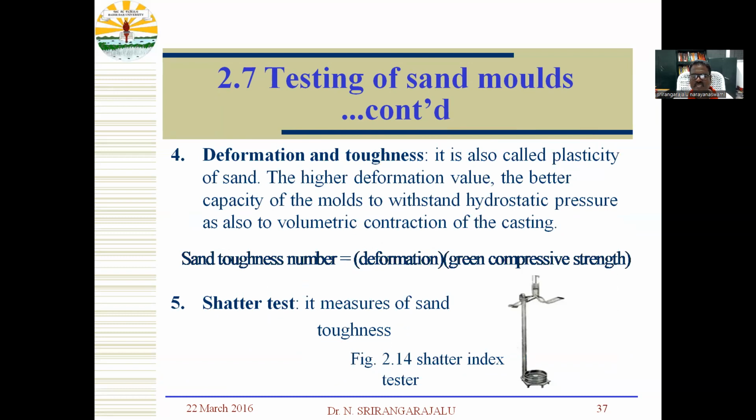And deformation and toughness, also called plasticity of sand. The higher the deformation value, the better the capacity of the mold to withstand hydrostatic pressure, as also the volumetric contraction of the casting. Shatter test: it is a measure of sand toughness.